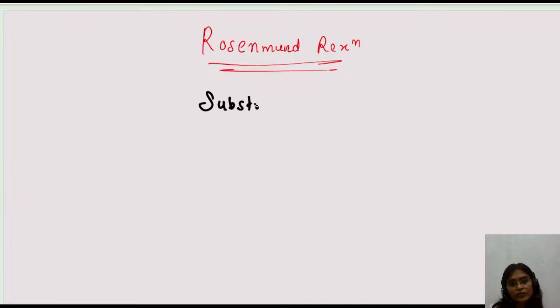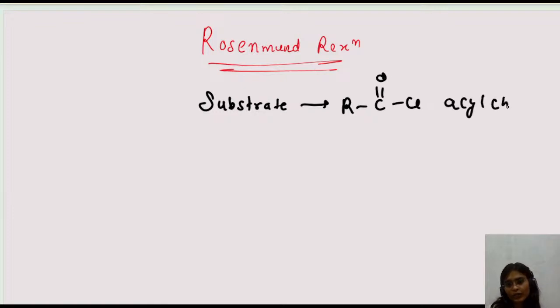Which kind of substrate do we have to use in a Rosenmund reaction? That is RCOCl, or in short, this is known as acyl chloride. For a naming reaction, you can't change the substrate, you can't change the reagent, you can't even change the condition as well.